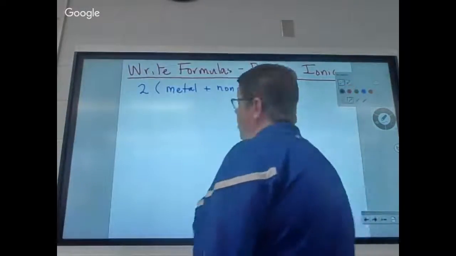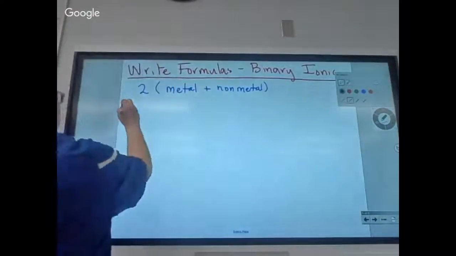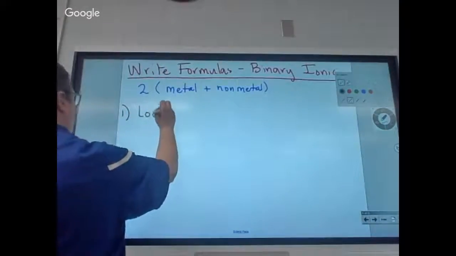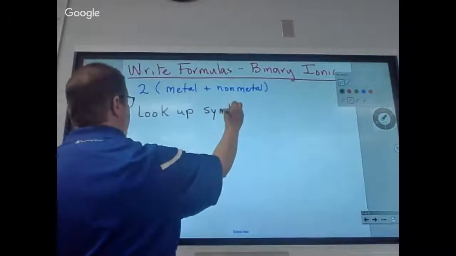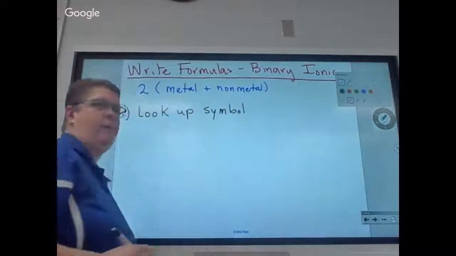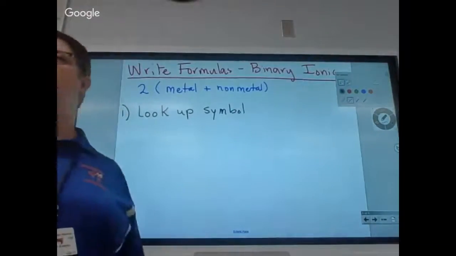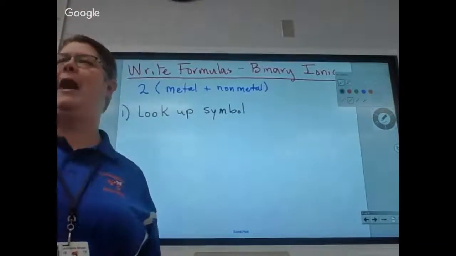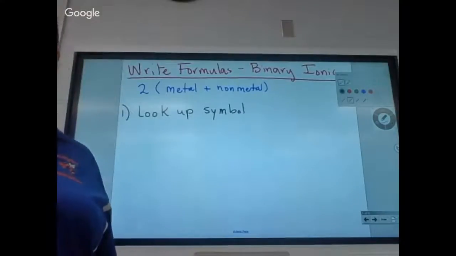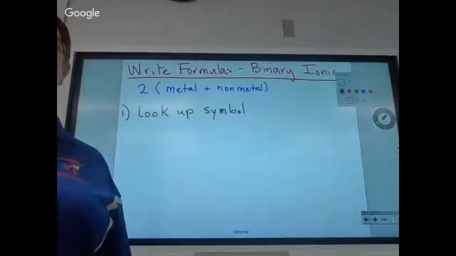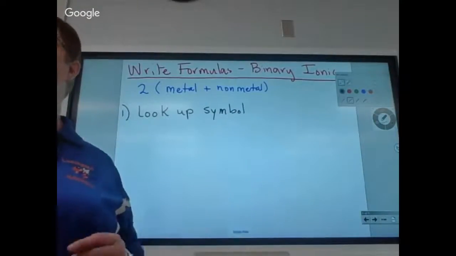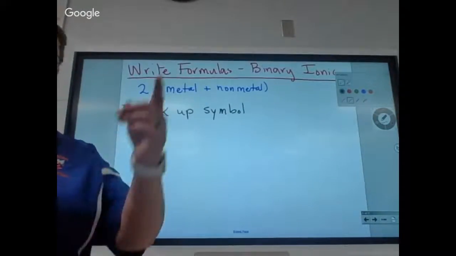So, the first thing we're going to do is look up the symbol. Some of you think I'm nuts by telling you to look up the symbol, but let me be clear. There is no partial credit in naming. If you write down the wrong symbol and every other thing is correct in the name, it's wrong.